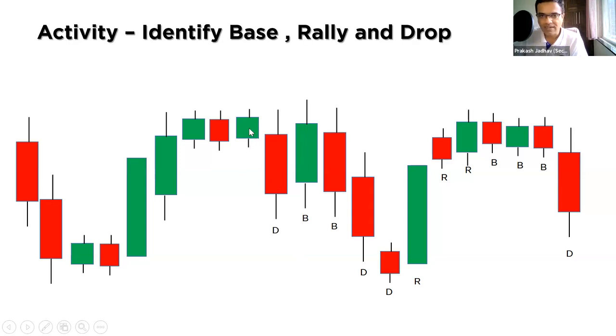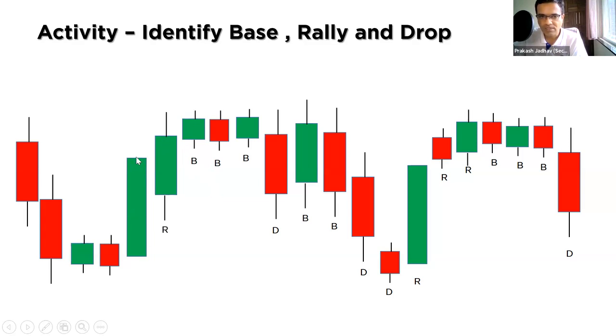Let's go to this candle. The close is here, which is within the range of the high and low of the left candle. So this is a base candle. Ditto for this, because the close is between the high and low of this candle. So this is a base candle. This candle has a close here within the range of the left candle. So this is a base. This candle is very clearly a rally, close above this high.